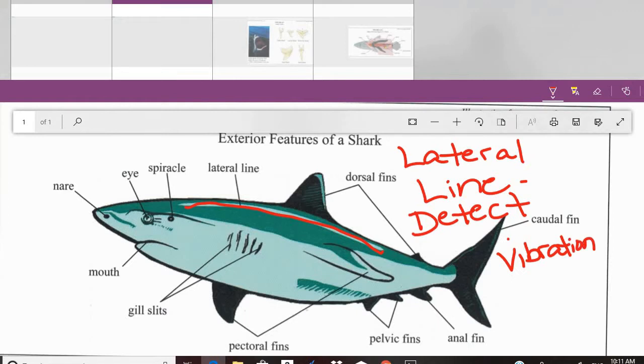As the shark is moving through the water, the lateral line detects vibration, and then those vibrations get communicated to the shark's brain, and it's really used to help them locate prey, to locate other obstacles in the water. So the lateral line is a very important sense organ for the shark.